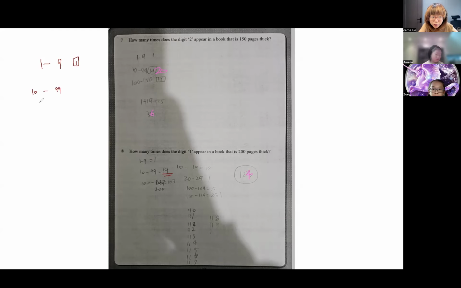Okay, from 10 to 99. So let's just take a look at this one. From 10 to 99, there are two digits, right? So we think about it as the ones digit first.